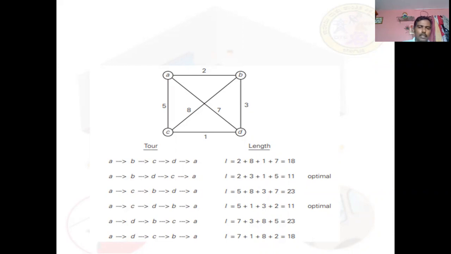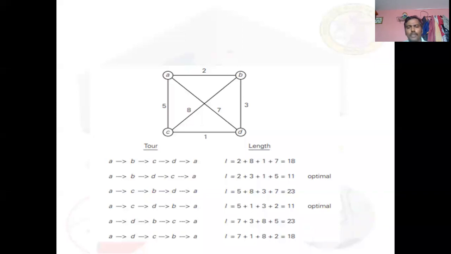The other guy will say, sir, I'll start with A, then visit B, then D, then C, then A. It takes 11 units of distance. The other guy will say, sir, starting from A, I'll visit first C, then B, then D, then come back to A. This will take 23 units.